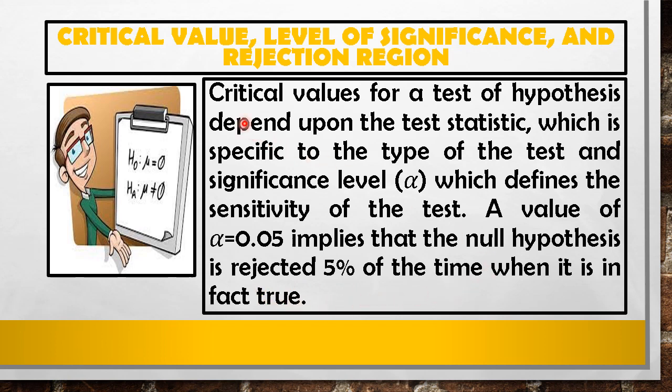So it is clear that critical values depend upon the test statistic. So magkaiba po ang critical values na ginagamit ng z-test at iba din po yung sa t-test. So depende sa test statistic na gamit, at ang pinagbabasehan po natin is ang level of significance or the significance level.